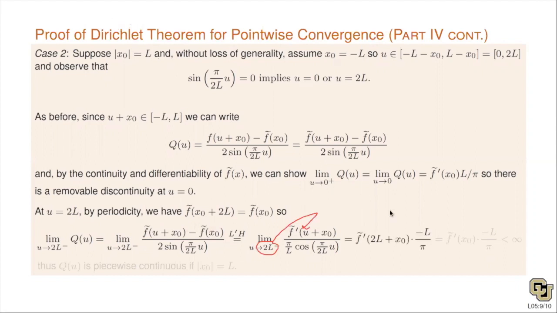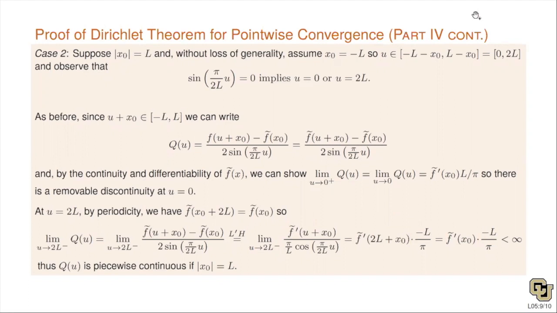So my limit is f tilde prime of 2L plus x naught times minus L over pi. We could stop here. I went one more step and used the periodicity: if the function is periodic, its derivative will be periodic, so I could replace it. Really, the thing we care about here is that the limit's not going to infinity. Other than that, we don't really care what the limit is, just that it's finite.